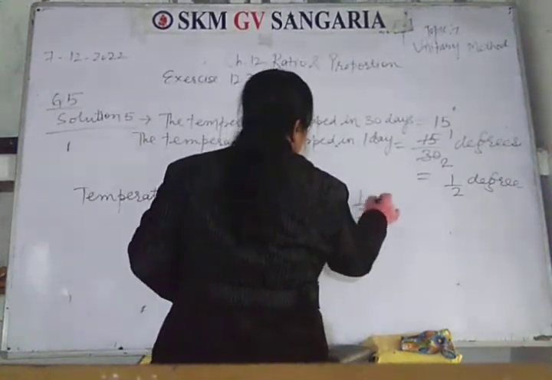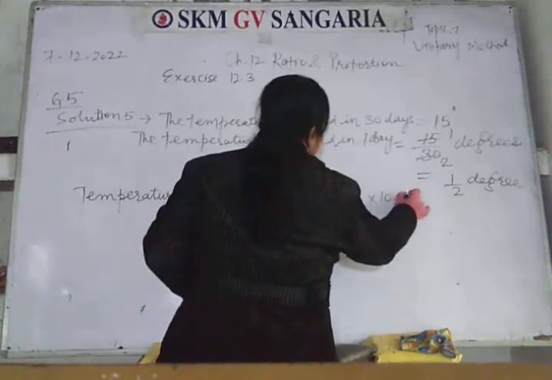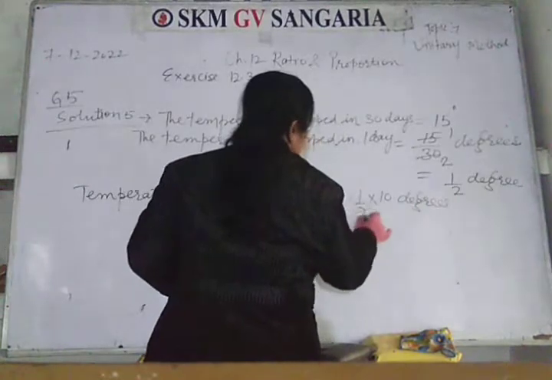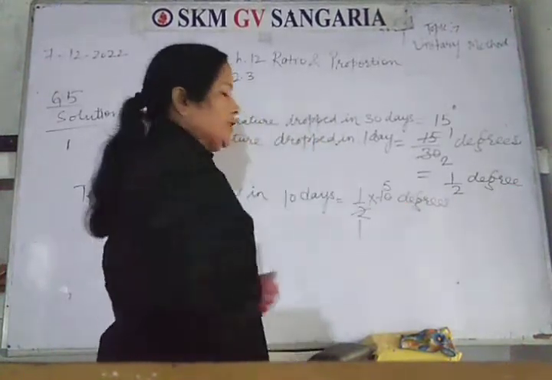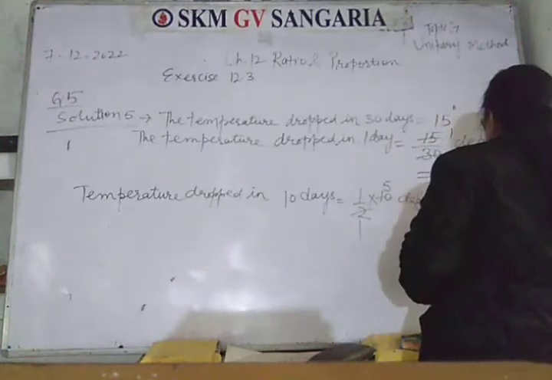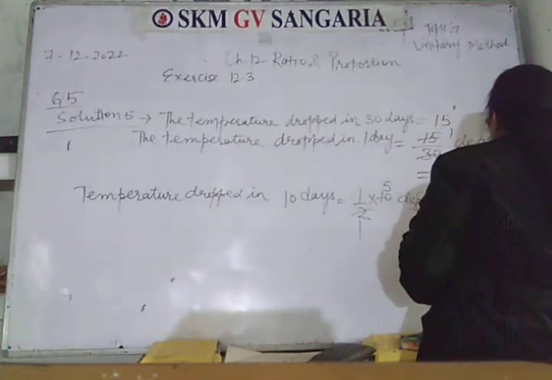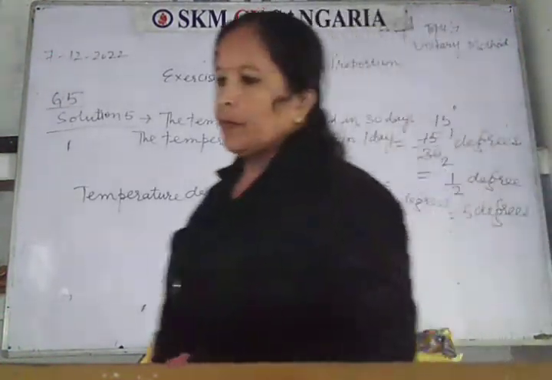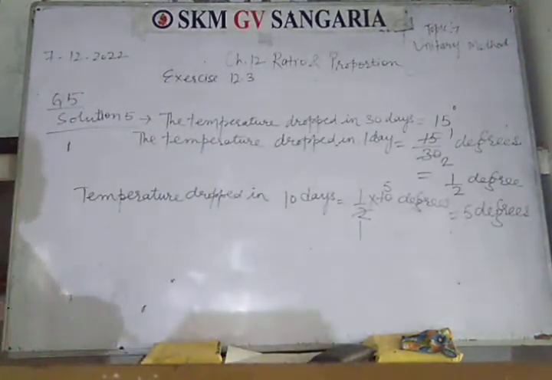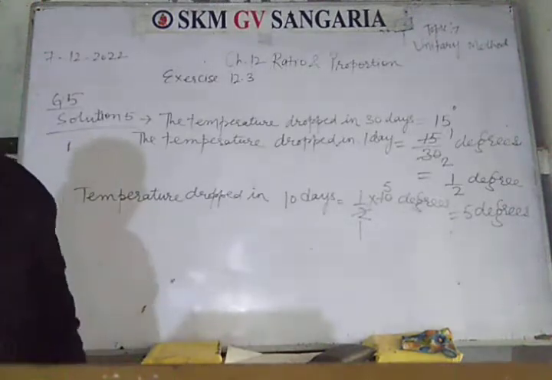This is half into 10 degrees. So 2 ones are 2, 2 fives are 10. So it will be 5 degrees. Okay. It is 5 degrees.